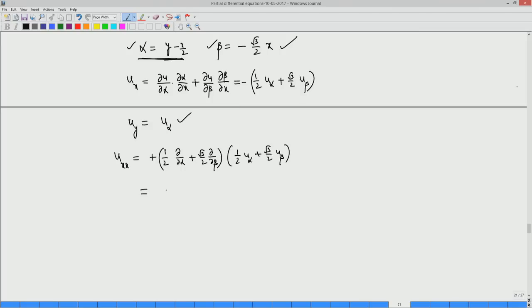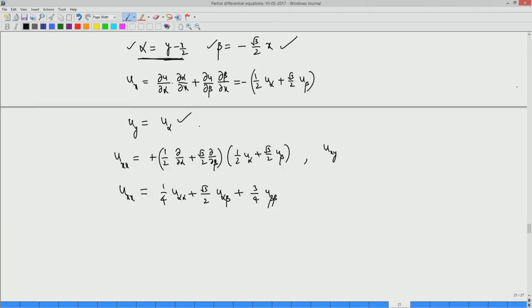So this is simply 1 by 4 u alpha alpha plus 2ab, that is 2 root 3 by 4, that is root 3 by 2 u alpha beta, plus 3 by 4 u beta beta. So this was my uxx.